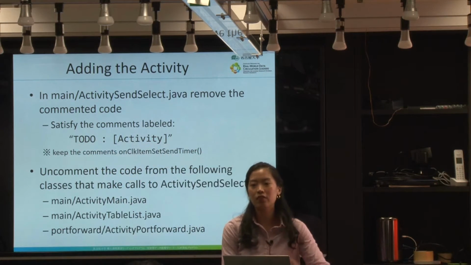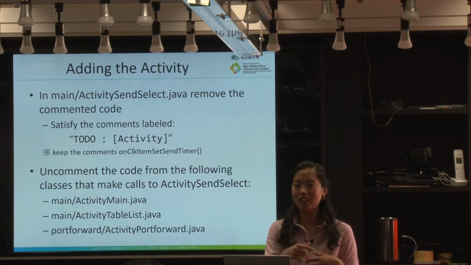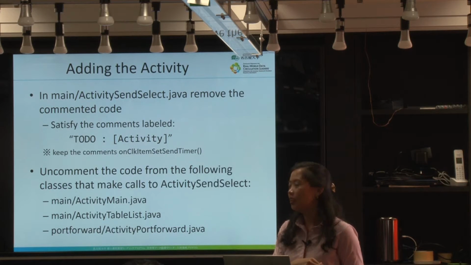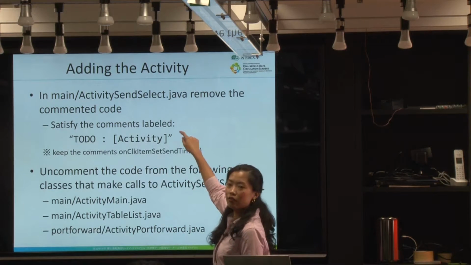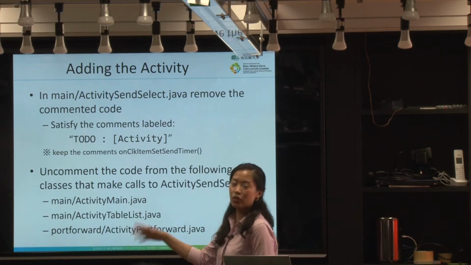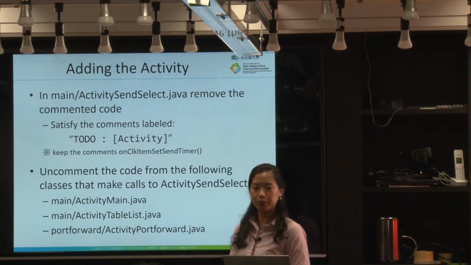For example, if the statement says uncomment this code, try to remove the comment section. Okay? So just do the to-do of activity first. If you have questions, just let me know.